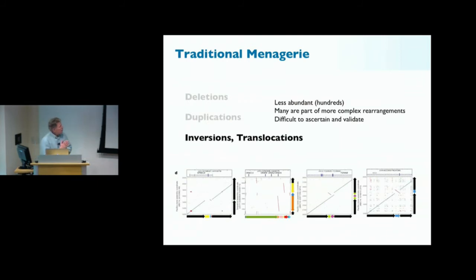So one of the things that we've learned about inversions and translocations is that, in a textbook way, we want to have this simple model that an inversion is 1 piece of DNA that's flipped around in place in somebody's genome. But that actually turns out to be very rare. Most of the time you find an inverted sequence, you find some other structural change going on at the same time.